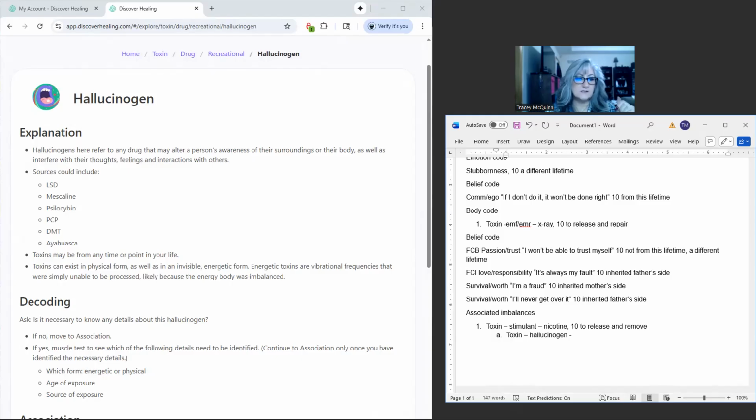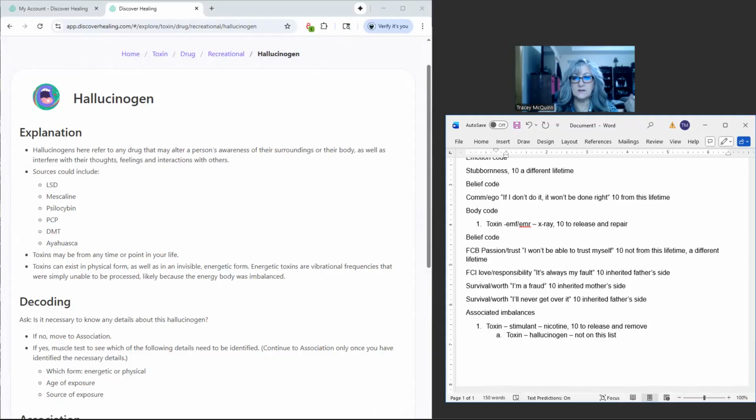It just depends on what we find here. Is it on this list? No. It's a hallucinogen that is not on the list. Okay. There could be a dozen other things that I don't know about or just didn't make this list for some reason. And his subconscious that I'm testing with the muscle testing knows what this thing is. So it isn't important that I consciously know what it is.